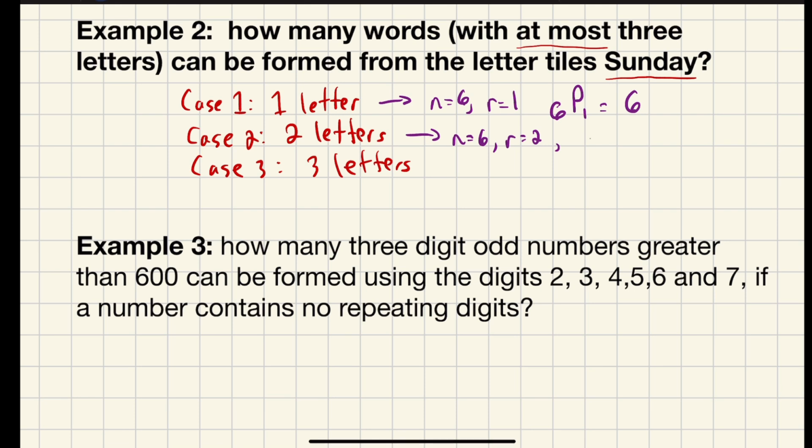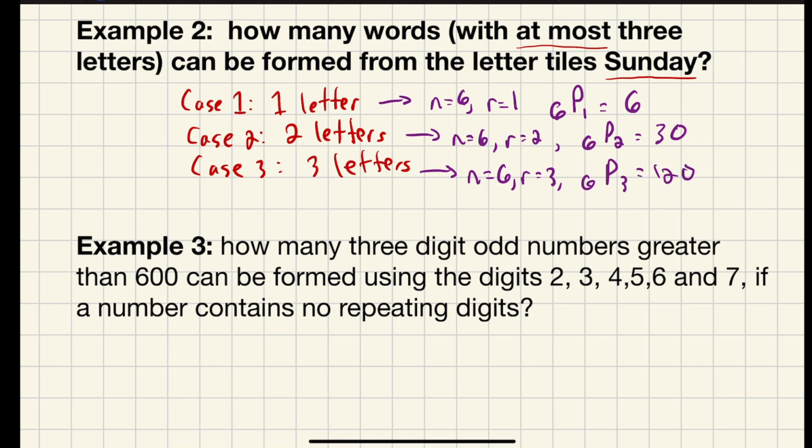So our permutation is going to be 6P2, and that gives us 30 possibilities or arrangements. And lastly, for the third case, out of 6 letters, we're choosing 3. So our permutation is going to be 6P3, and that gives us 120.